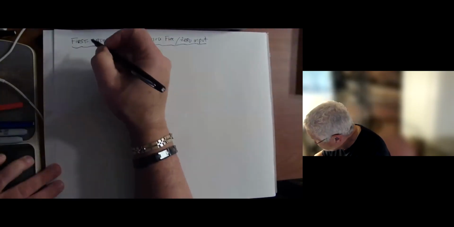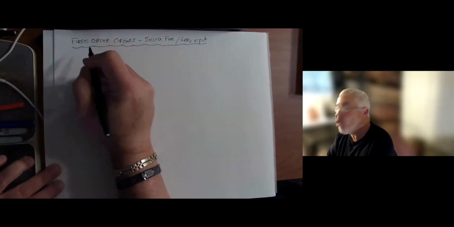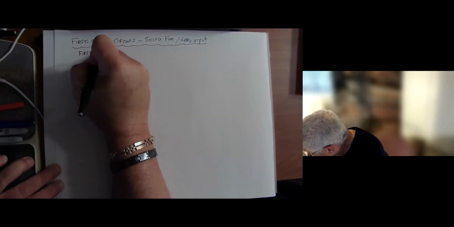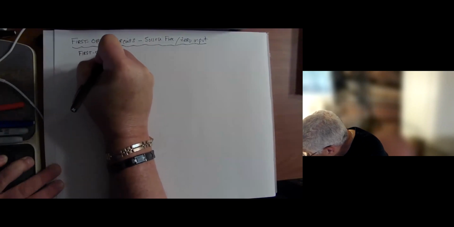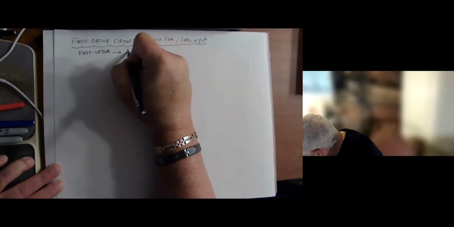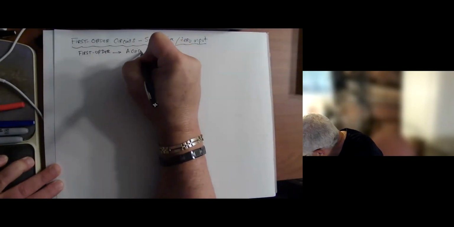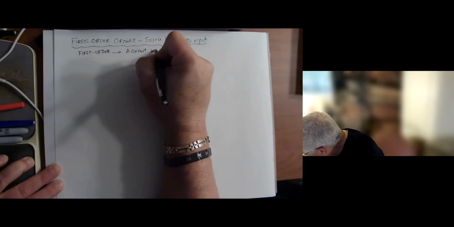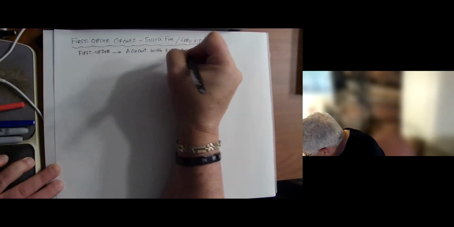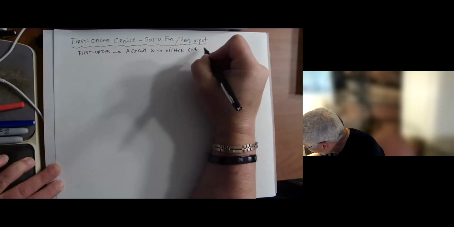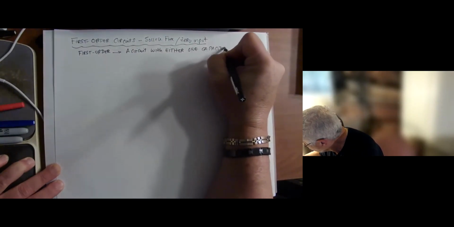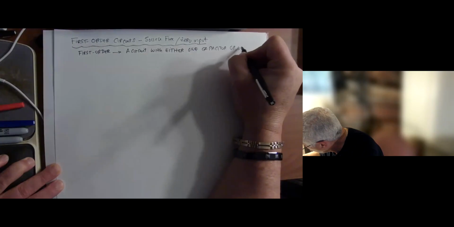So a few things are important to define. What is a first order circuit? That's an important thing to define. When we say first order circuit, we're looking at a circuit with either one capacitor or one inductor.